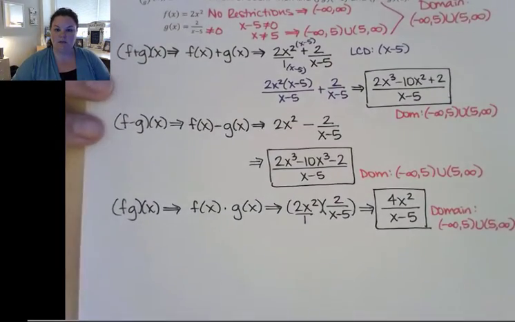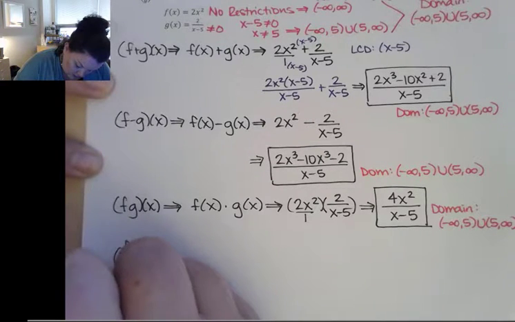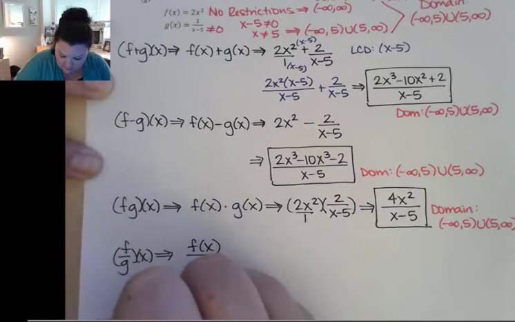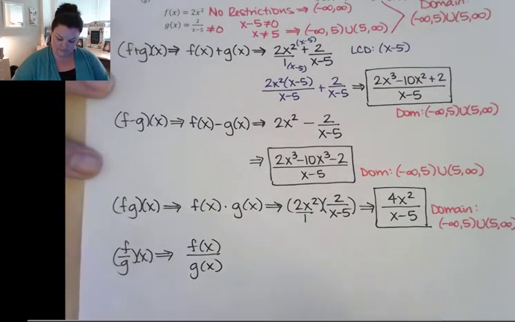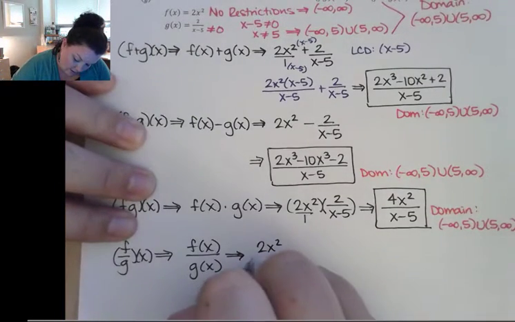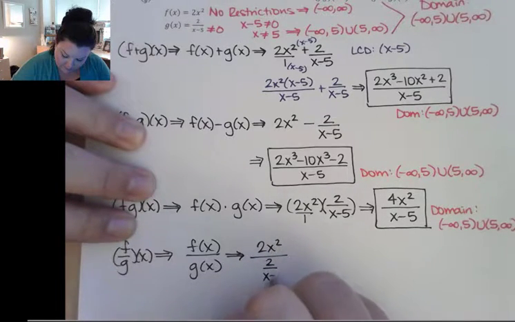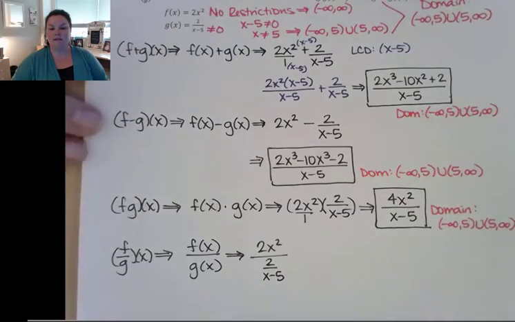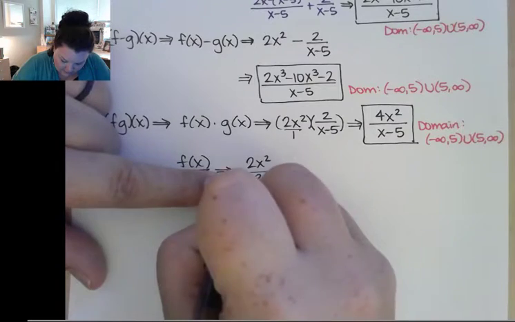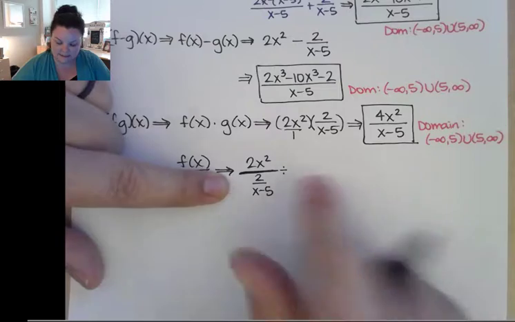Okay? So our last function to come up with is our quotient function, f over g of x, which means our f function goes on top of our g function. So here my f function is 2x squared, and we're dividing that by my g function, which is 2 over x minus 5. Okay, and I'm going to just write this out as a division, right? This fraction bar, when we say something is over something, we can write that as a division.